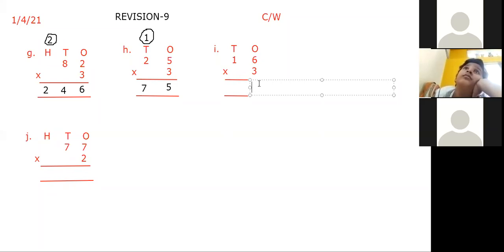So what we will write here? 8. And 1 will go as? Carry over, in tens place. Good. Now next. In tens place, 1 will come. You need to recall 3 table 1 time. 3 ones are 3. And you need to add 1. So it becomes 4. So what is the answer? 48.